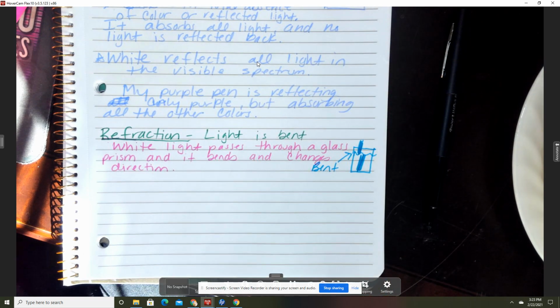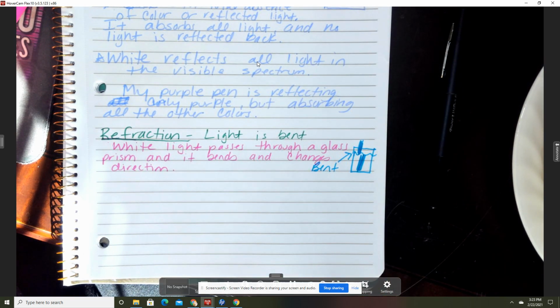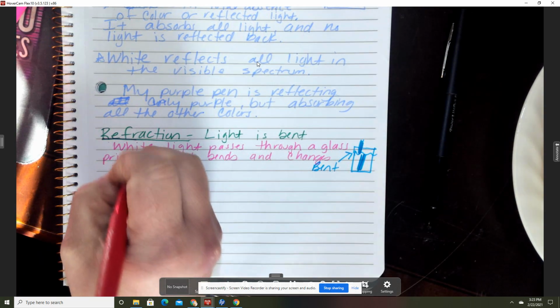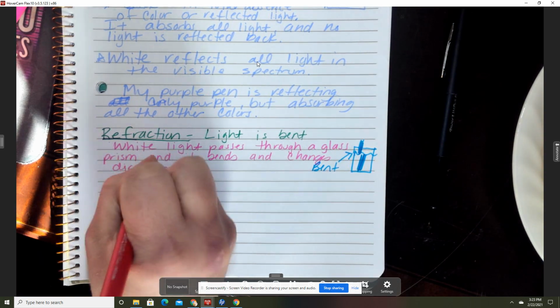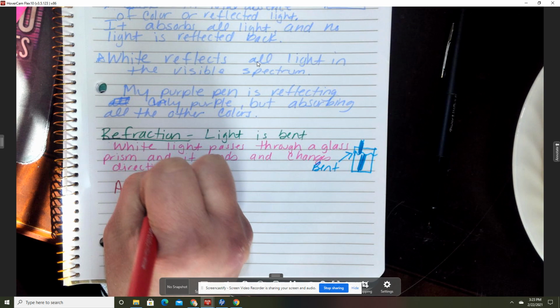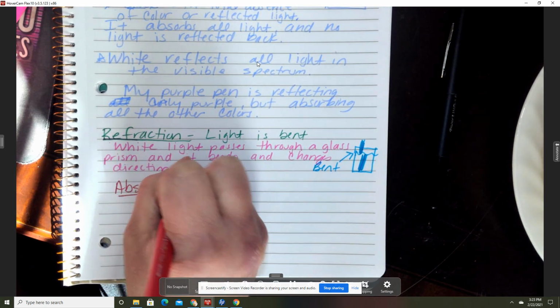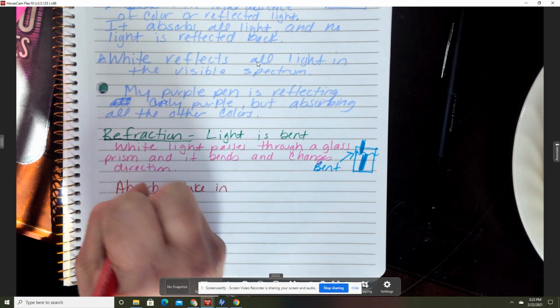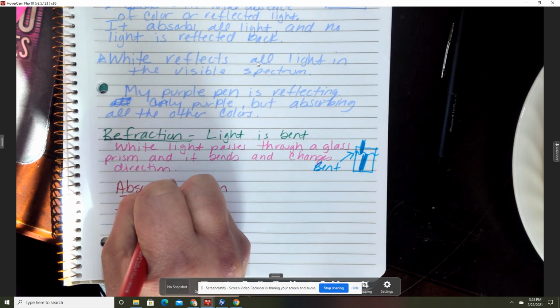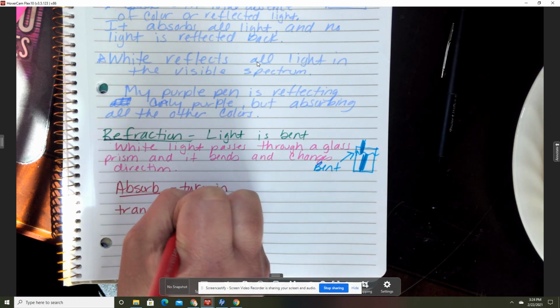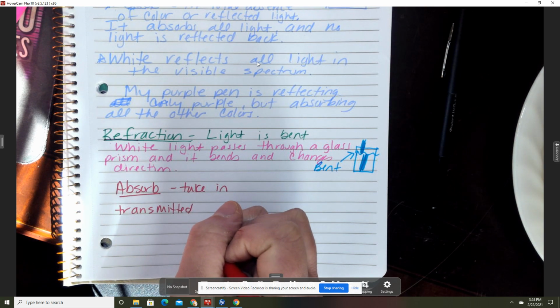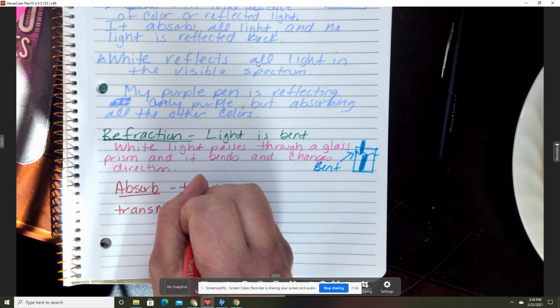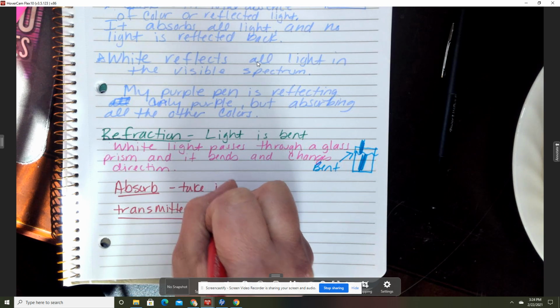Okay, and then just two more words that I want to get down. Absorbed means to take in, and transmitted, which we will talk more about tomorrow, or transmission, means to go through.